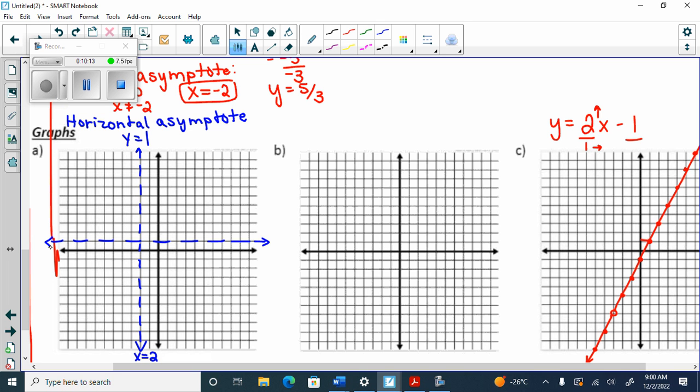Now they're either going to be in opposite quadrants here or opposite quadrants here. Okay? Type y equals 1 over x into your calculator, because that's the parent function. Just like y equals x squared is the parent function of a quadratic, y equals square root x is the parent function of a radical, y equals 1 over x is the parent function of a rational.